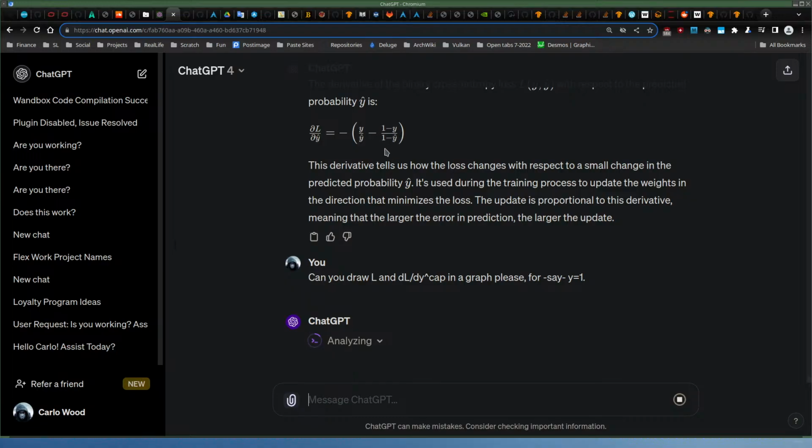So y is 1, this is 0, and then you get 1 over y cap, which is just the derivative of the logarithm.